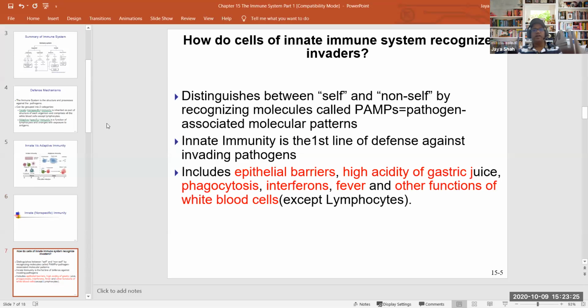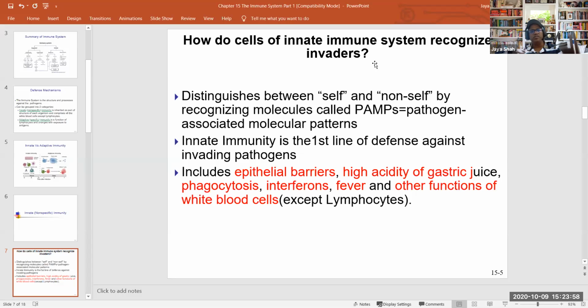So let's talk about adaptive immunity. So how do cells of the innate immune system recognize invaders? If any microorganism enters our body, how do our immune cells recognize whether it is self or non-self? That means whether it is insider or outsider. Our body produces proteins and other components in millions of trillions of numbers every day, every moment.